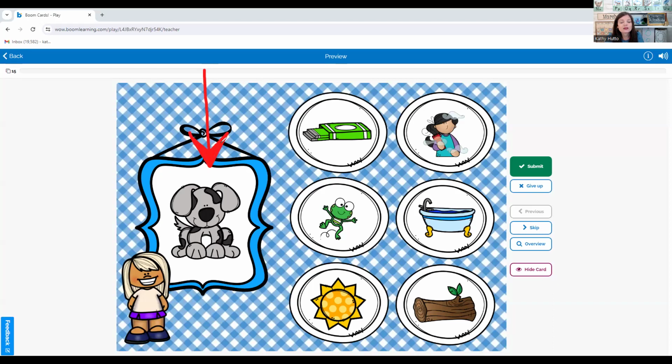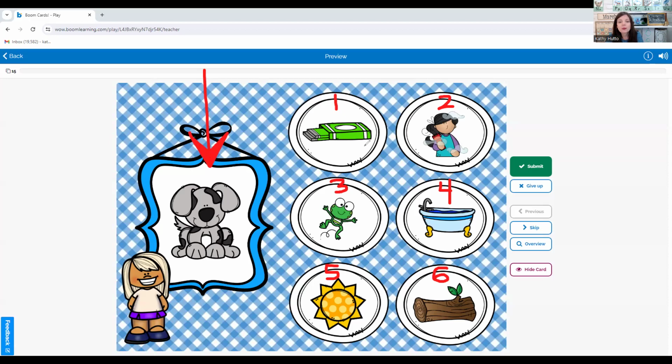What words sound the same at the end as the word dog? Here are our choices. Gum, fog, frog, tub, sun, log. Which words sound like dog at the end?